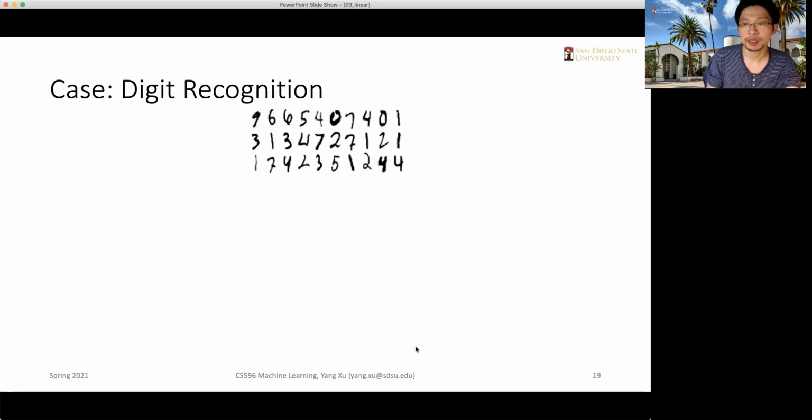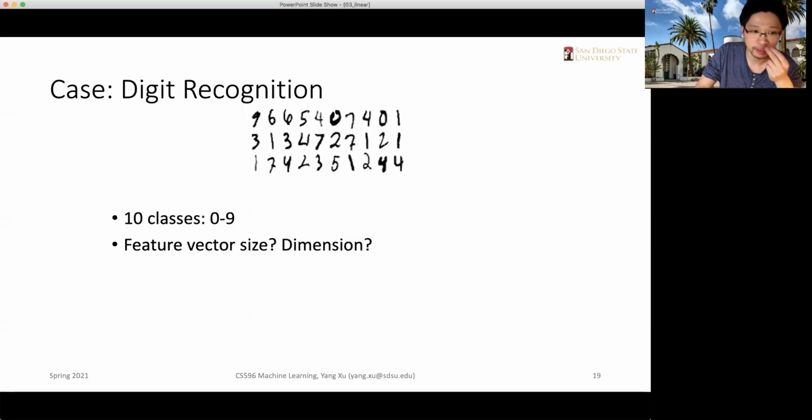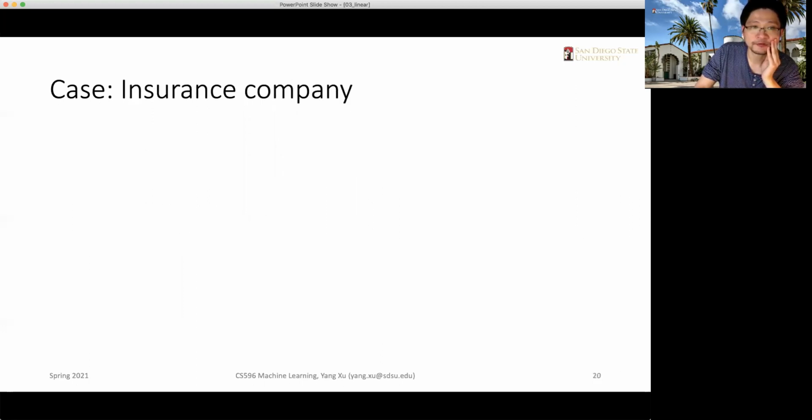The third case is digit recognition. From the perspective of feature representation, the data are quite different from the previous ones because those data are not records data. The data to be trained on and recognized are pixel data. So if we want to define the features, we need to view the data in a different way.